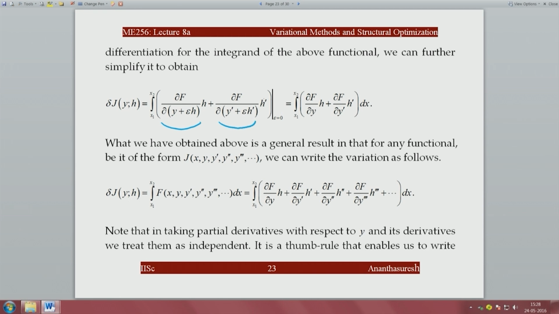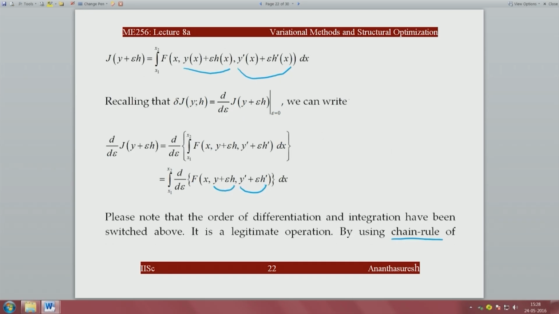What this means when you substitute epsilon equal to 0 is that it becomes simply dou f by dou y times h, plus dou f by dou y prime times h prime. So, we are simply doing the chain rule.